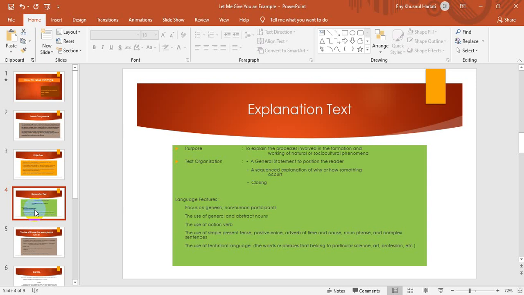Simple present tense can be used to say about general habitual action atau general action, the action that we act in habit. And then the truth, and the last is the present event or action.